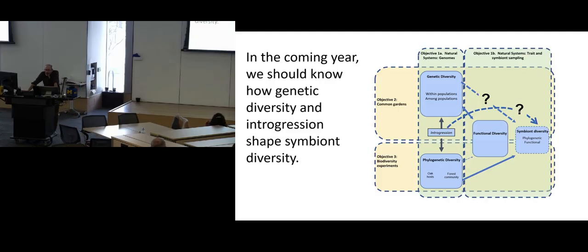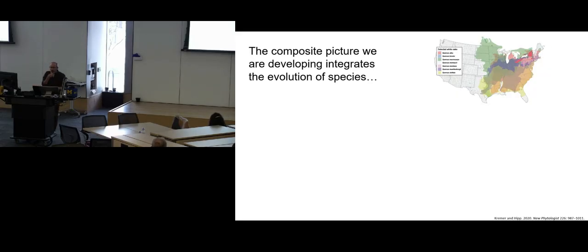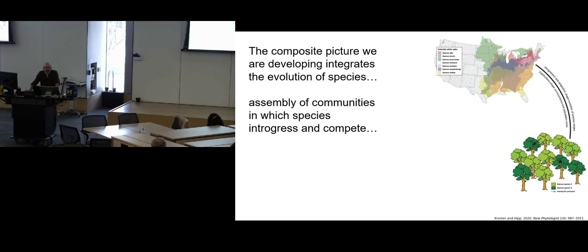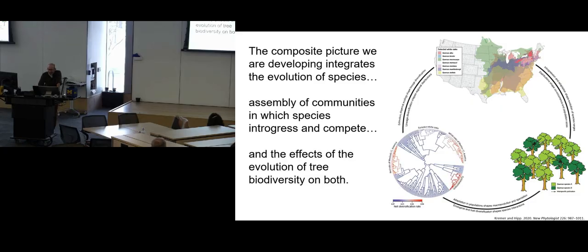And our goal ultimately is to develop this composite picture which integrates the evolution of species, ranges on the landscape, the assembly of communities in which species integrate and compete, and the effects of evolution of tree biodiversity on both of these. Because you really can't understand the effect of any organism on the forest or the forest on an organism without understanding all of these pieces.